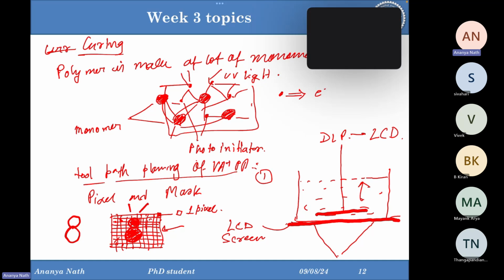Thus only at this part the resin will get solidified. In no other portion will the resin get solidified. With each layer, only the pixels where needed get activated, and only from those activated pixels does the UV light reach the substrate. This is how pixels work.